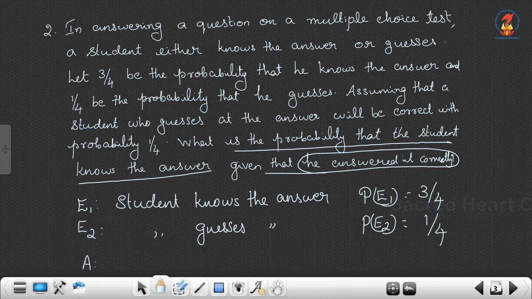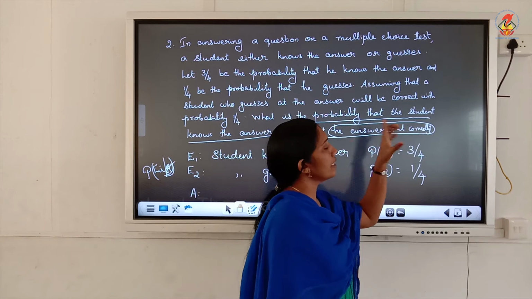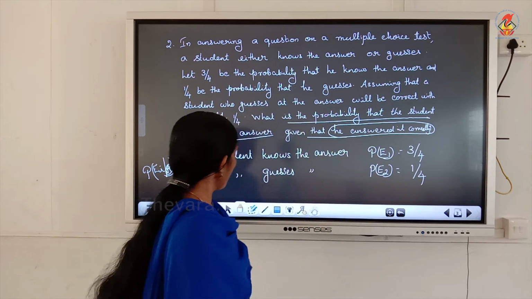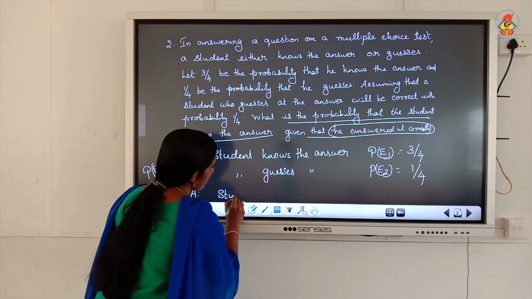Actually, in all these questions we have to find Ei given A. So Ei means E1 and E2, student knows or student guesses. This A part is the one given; the denominator part is he answered it correctly. So A be the event, student answered correctly.